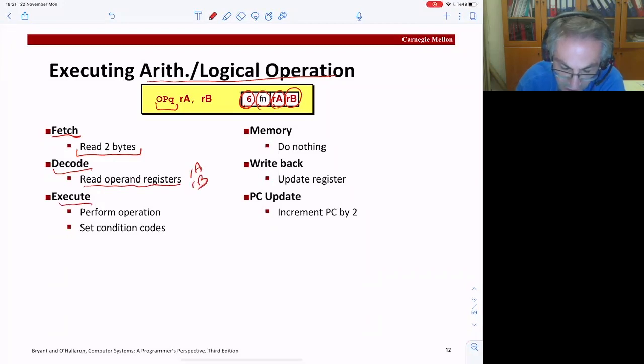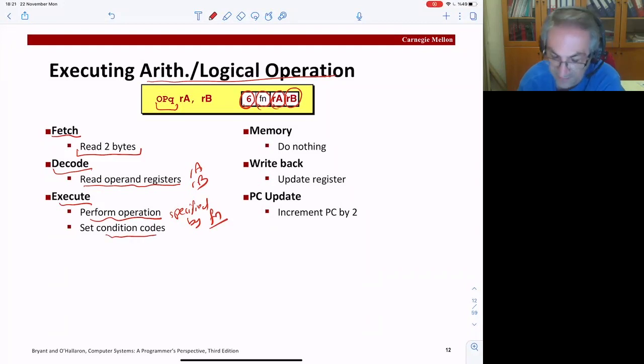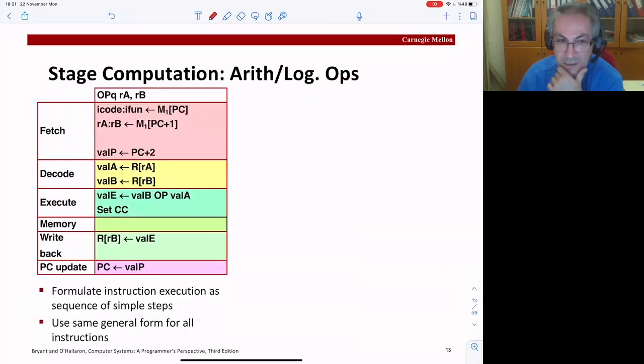In the execute stage, I have to perform the operation specified by the function, which is part of the instruction, and also set the condition codes as a side effect. At the memory stage, I don't do anything because this instruction does not access memory. In the write back stage, I update register rB. And then in the PC update, you increment the PC by 2 because this was a 2-byte instruction.